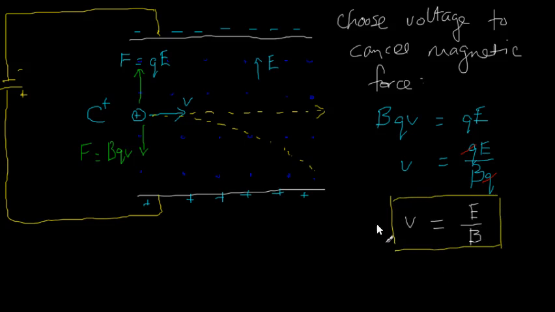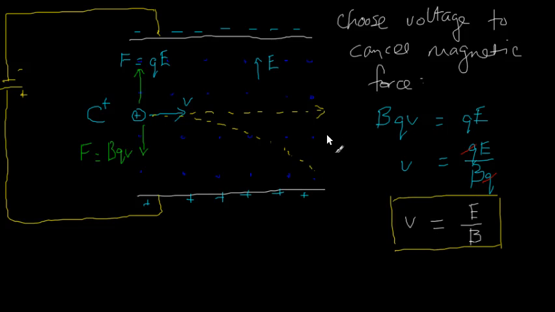And the nice thing about this formula is that it doesn't depend on the mass of the particle. It doesn't matter what particle it is. It can be carbon plus, it can be hydrogen plus, it can be iron, it can be nitrogen, it can be aluminum, it can be anything. As long as it has a velocity that obeys this equation, it will go straight.